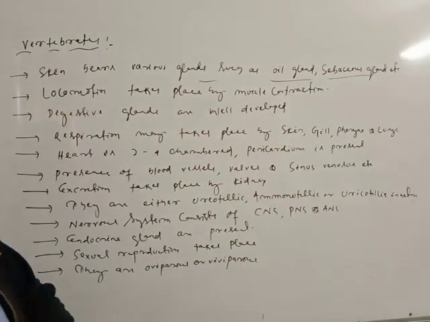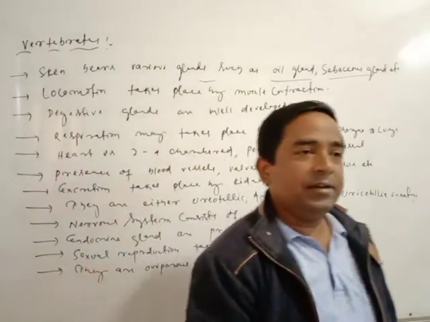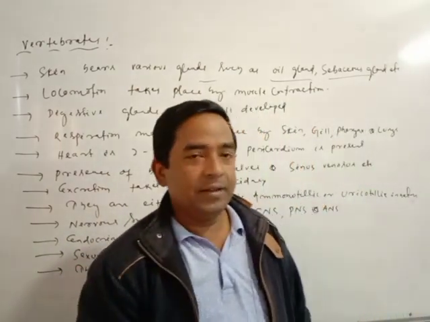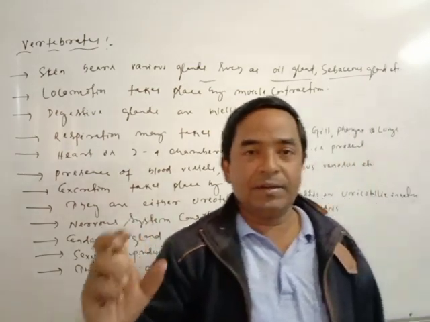So, digestive glands are well developed. It includes salivary gland, gastric gland, liver, pancreas, and intestinal gland.